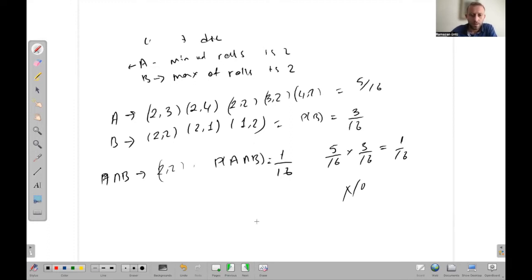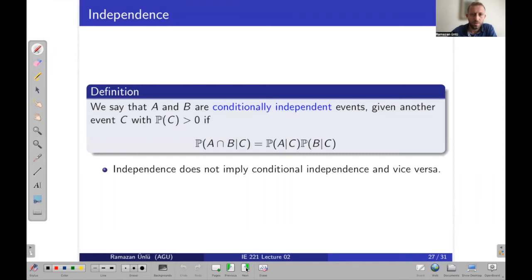So let's continue to another slide. There is another term here, which is conditionally independent.